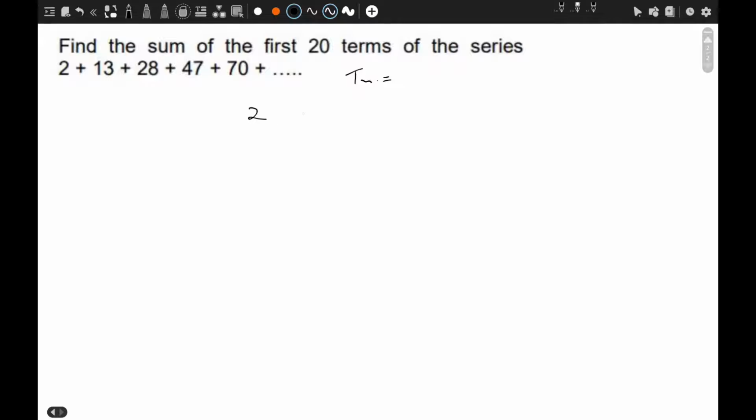The approach is to check at which level the difference becomes constant. 13 minus 2 is 11. 28 minus 13 is 15. 47 minus 28 is 19. And 70 minus 47 is 23.